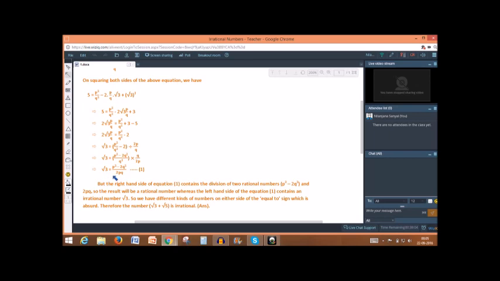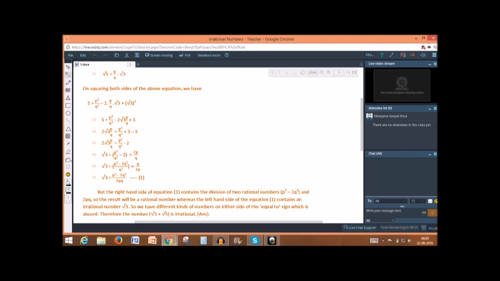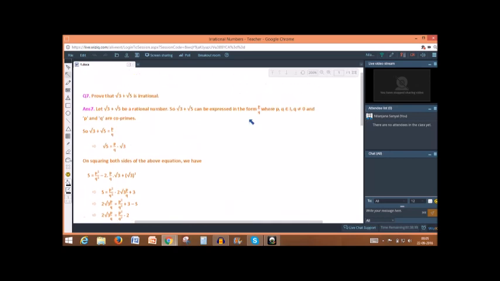So this cannot happen. This is totally wrong. This is absurd. So we can say that the assumption that we had made right at the beginning, that root 3 plus root 5 is a rational number, was wrong. Hence, root 3 plus root 5 is irrational.